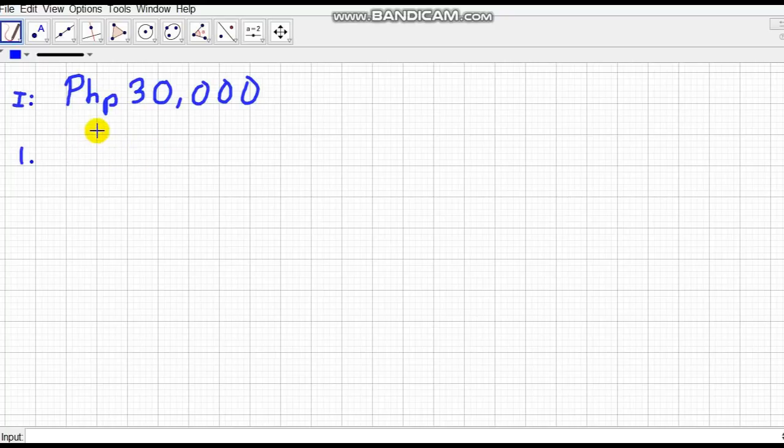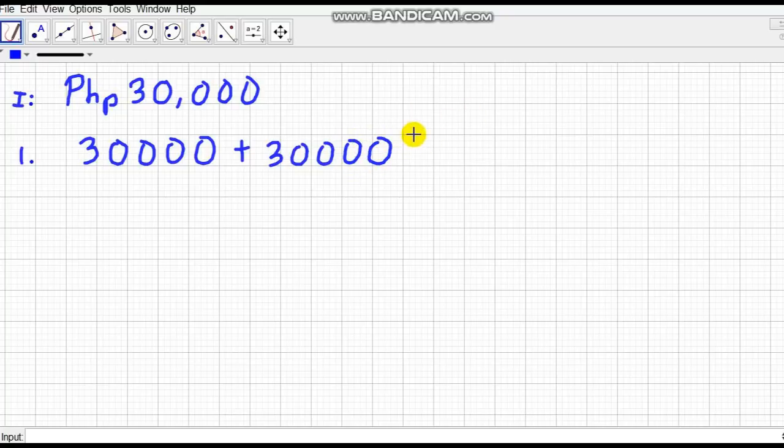So her money will increase by how much? 30,000 plus the 5% of 30,000 times 0.05. That's the decimal equivalent of 5%.